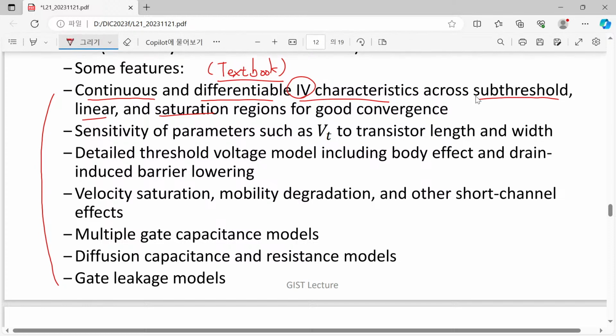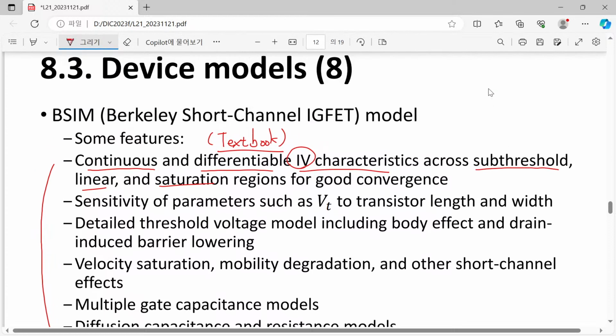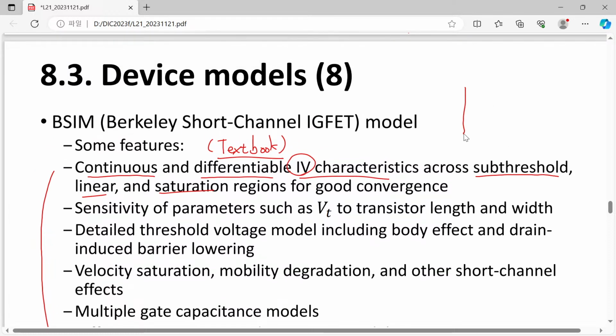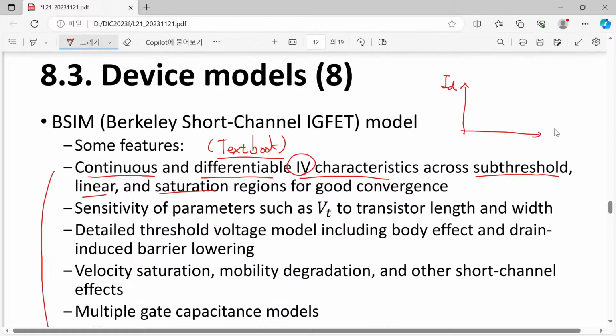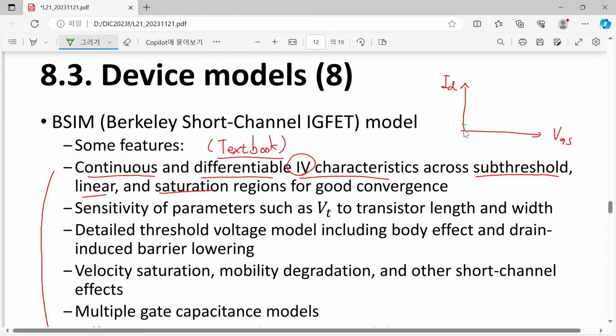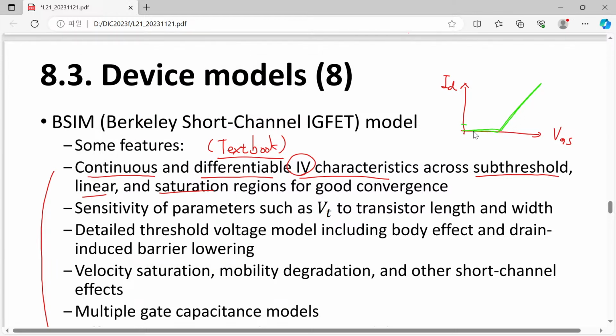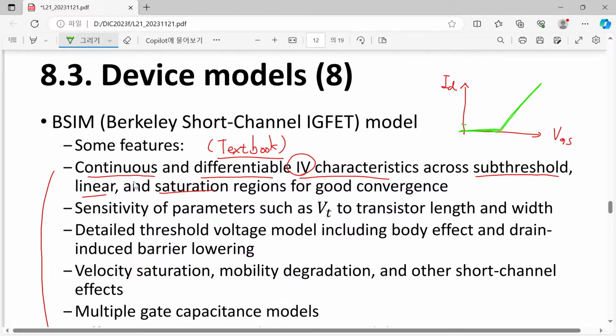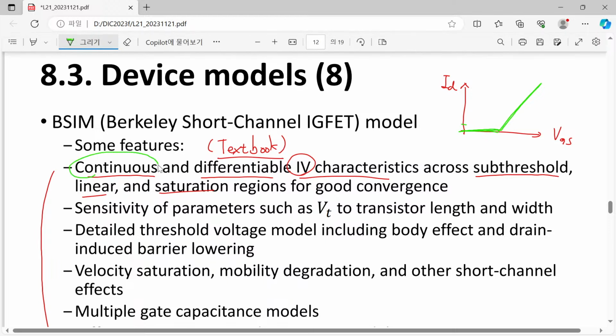Let's say, think about this one, ID and VGS. If we have a piecewise linear curve, is it continuous? Yes, it is continuous.